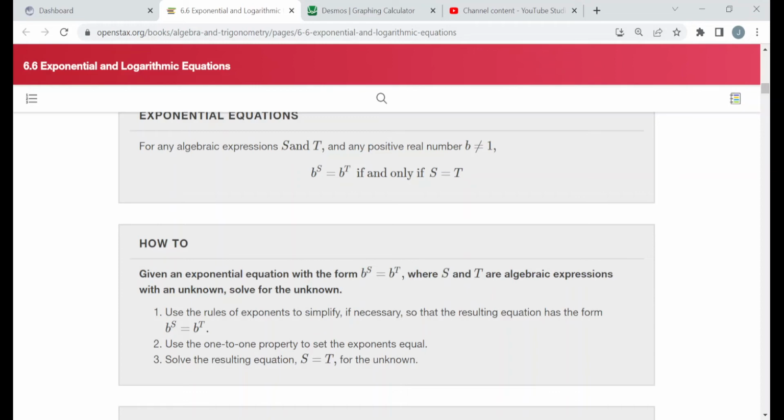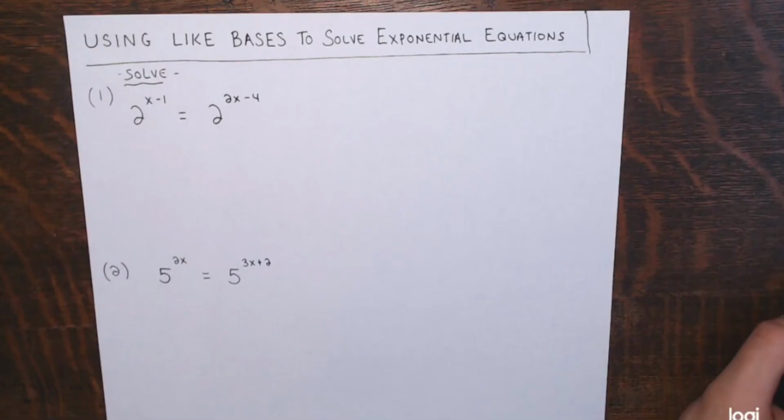Alright, so let me get into some examples. Each example is taken directly from the reading or one of those try it problems or one of the exercises at the end of the section that's related to this objective.